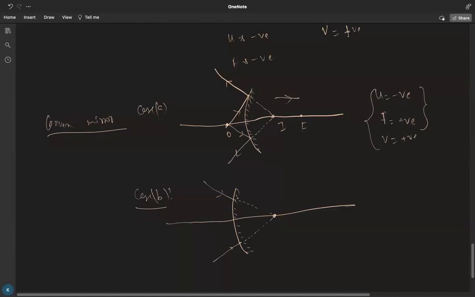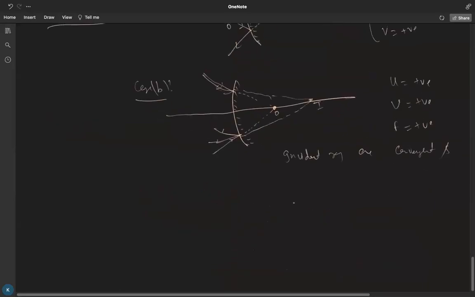And then after reflection, the ray of light goes in this way, so it appears to meet on the back side. This is our object. This is our image. So in this case, u is positive, v is positive, and f is also positive, right? So you can say here that incident rays are convergent and reflected rays are divergent.